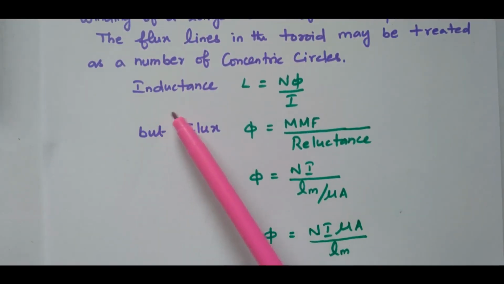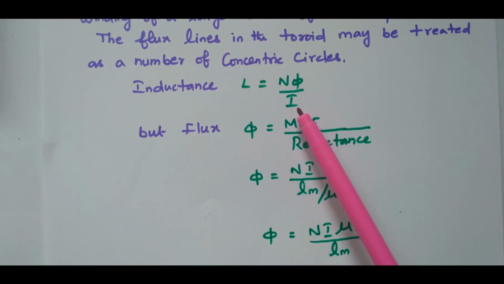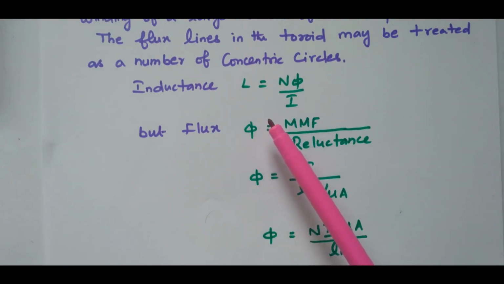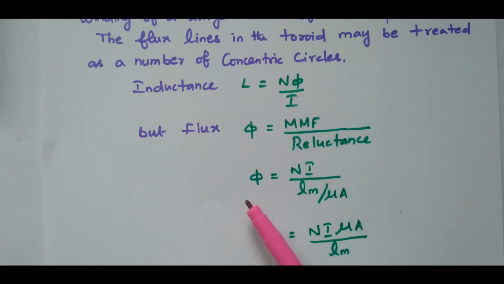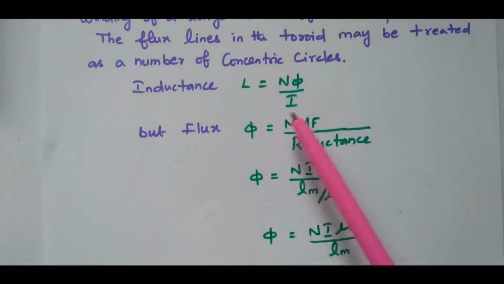So in general the inductance L equals N phi by I. Very similar to the previous solenoid, same thing we are following. L equals N phi by I. But the flux can be written as mmf by reluctance. That is, reluctance equals mmf by flux, so flux equals mmf by reluctance.